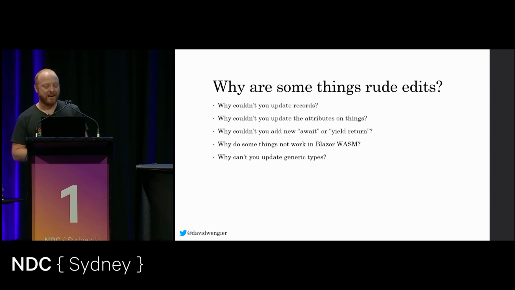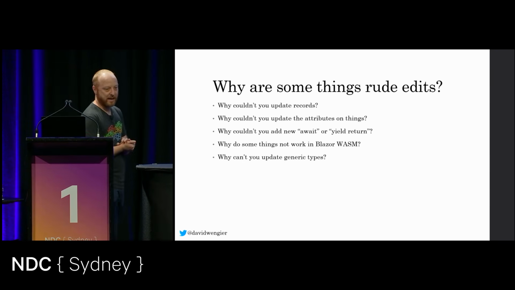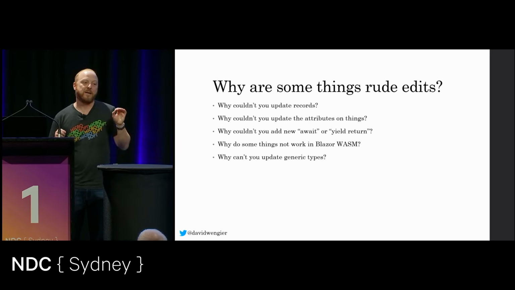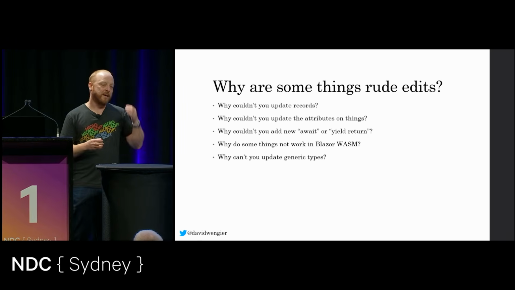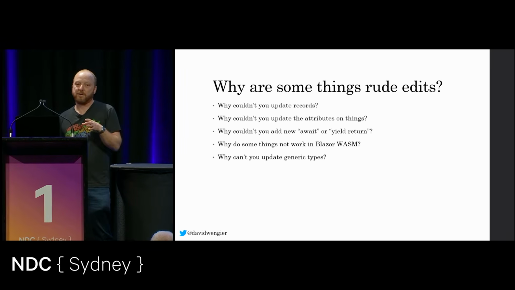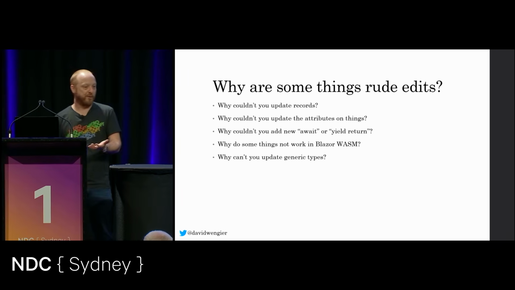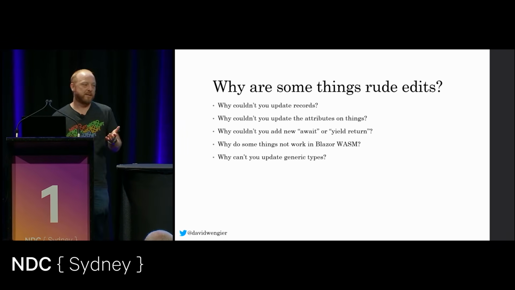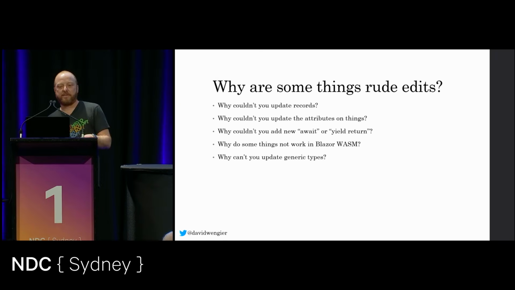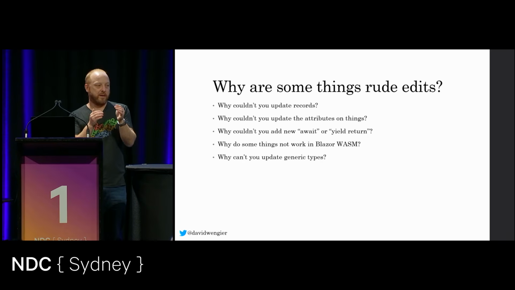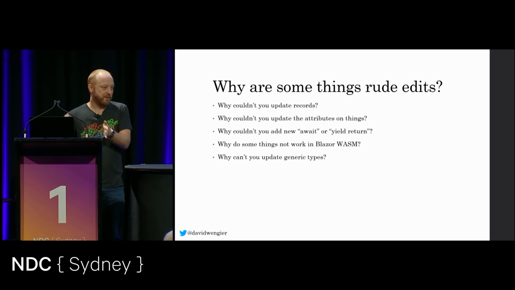So that's number one. Why couldn't you update attributes? And I think this goes back to what you were asking about appending versus updating. Attributes are interesting because they point back to the table they come from, more like a normal database. But the rules of ECMA 335 say that the attribute table has to be ordered by the parent column, which is the column that points to where it was.